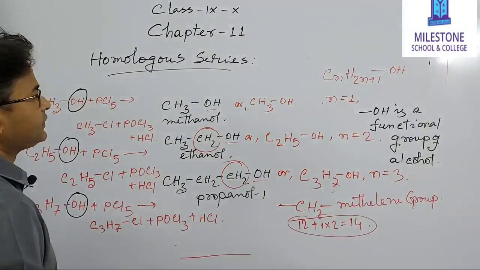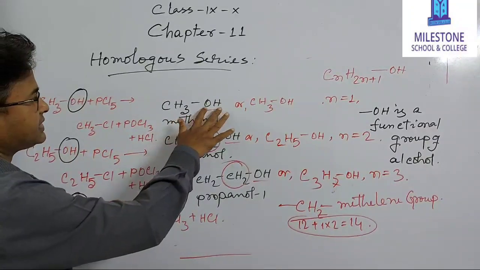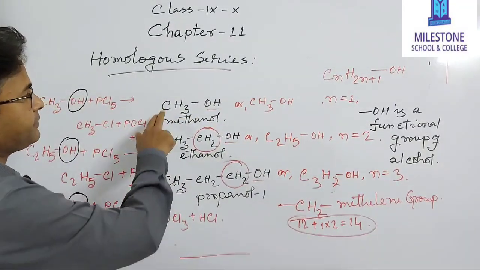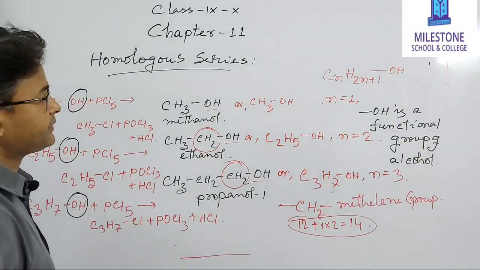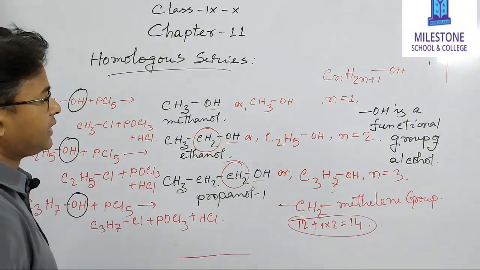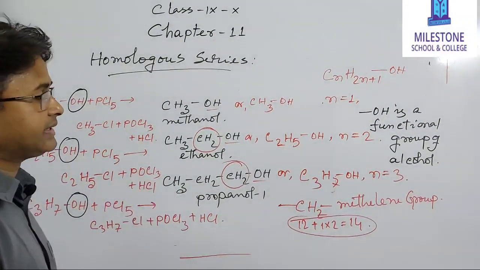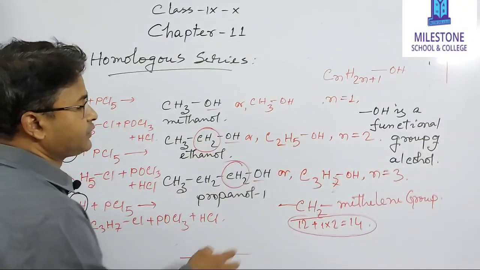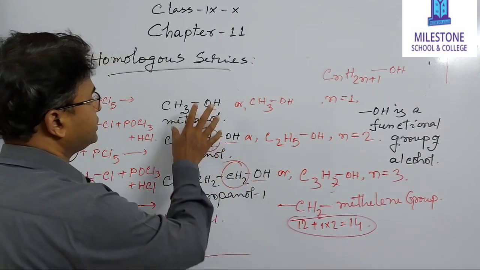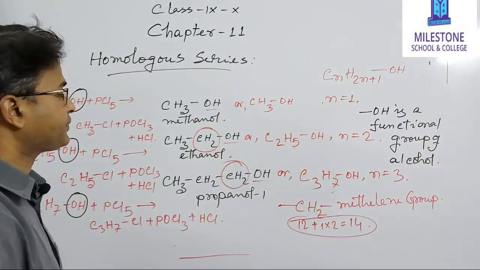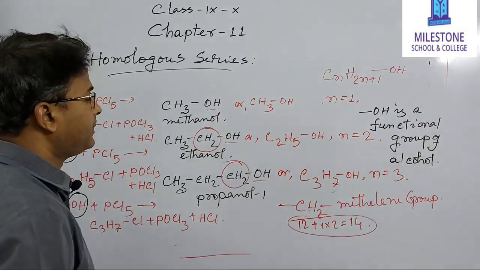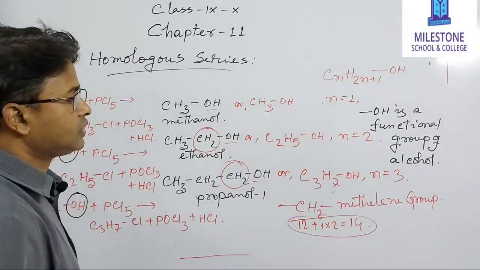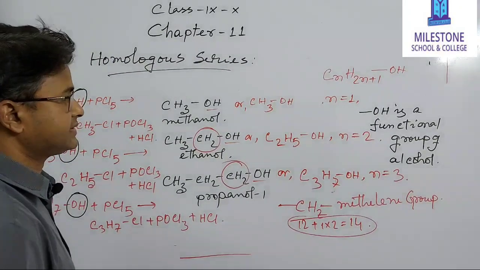If compounds containing the same functional group and the same elements are arranged according to their increasing molecular mass, with a difference of a methylene group between two consecutive members, it is called a homologous series.